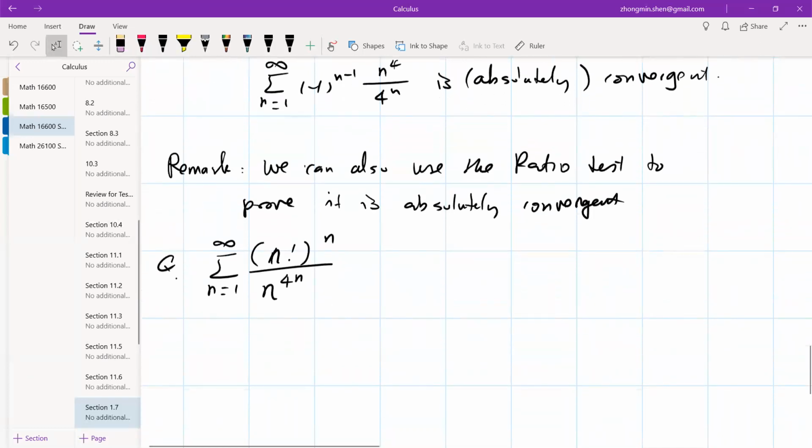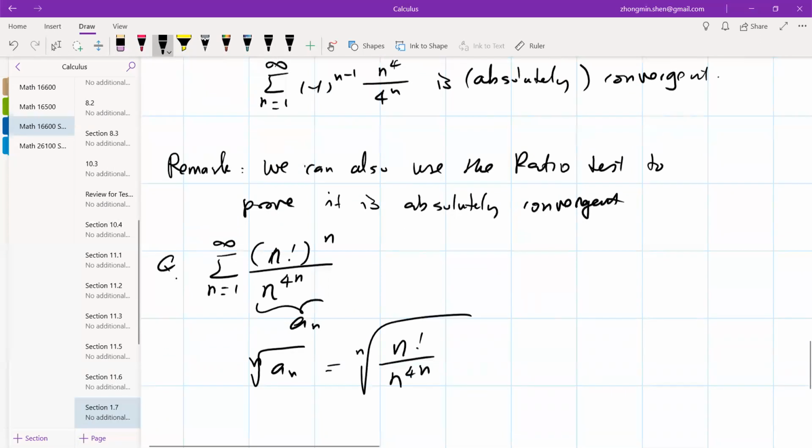Denote this by a_n. The nth root of a_n: the numerator is just n factorial, the denominator is n to the 4n divided by n, so just n to the 4th.